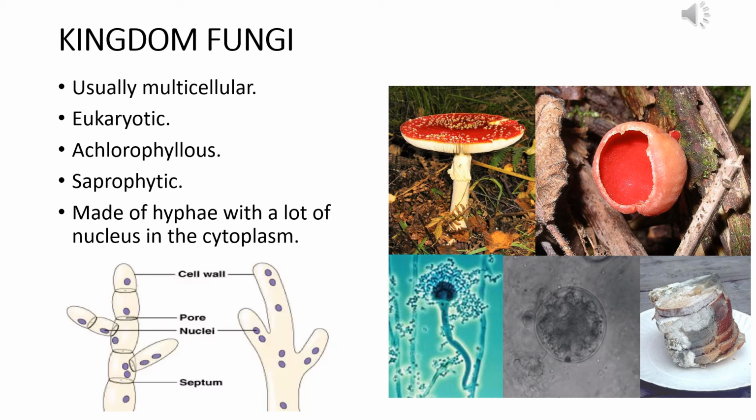And kingdom Fungi is made up of hyphae, which are some network-like structures with a lot of nuclei in the cytoplasm. Because the cell does not break, the nucleus only divides but cytoplasm does not divide. So as in the picture we can see that the cytoplasm is continuous throughout the cell, but the number of nuclei is so many inside them. So those are called the hyphae, multicellular hyphae.